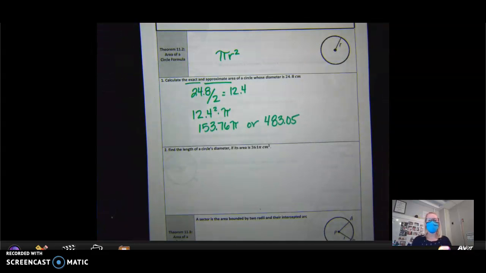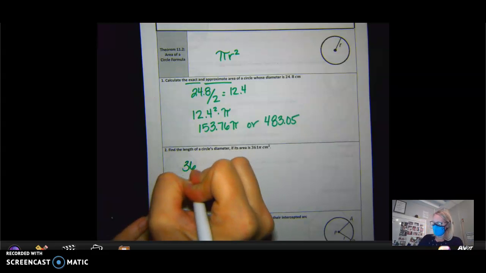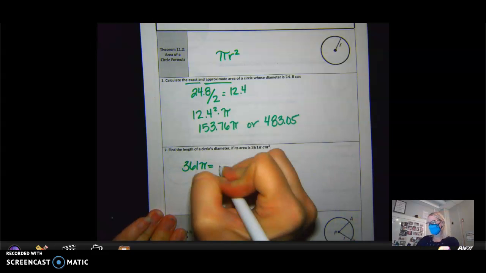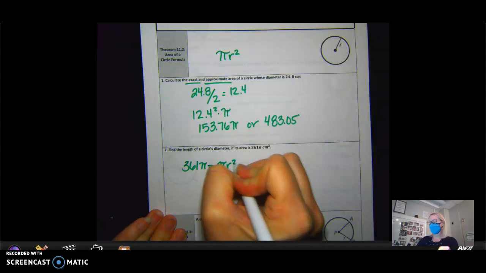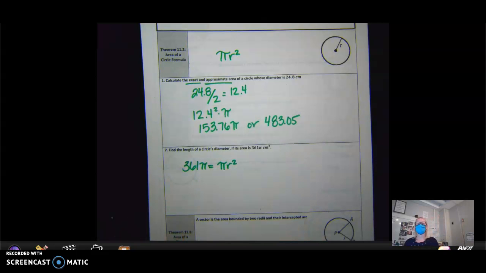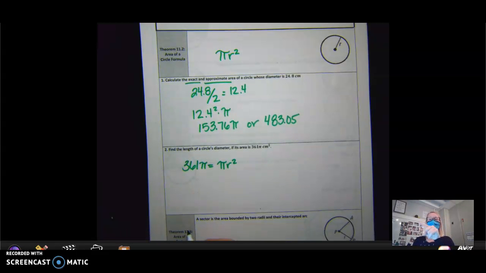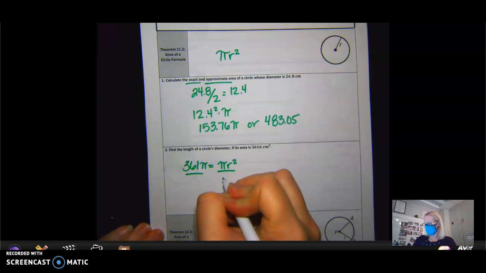Very good. Find the length of the circle's diameter if its area is 361 pi. So area is equal to 361 pi. Isn't that equal to pi times radius squared, right? So what would I do first to start solving this guy? Can't take the square root first. Divide by pi on both sides first, yep.